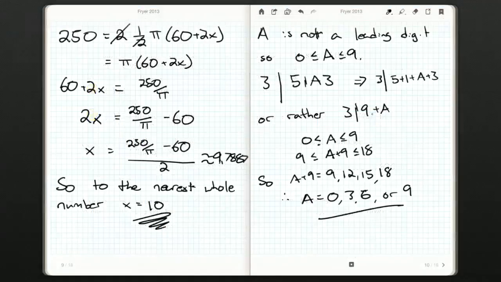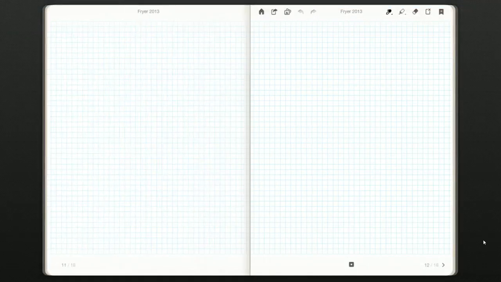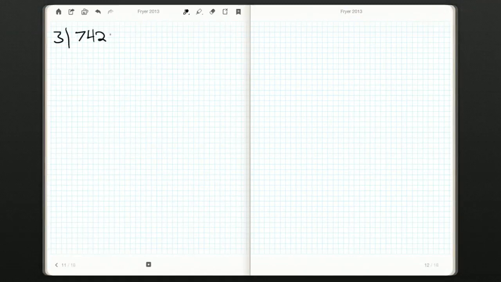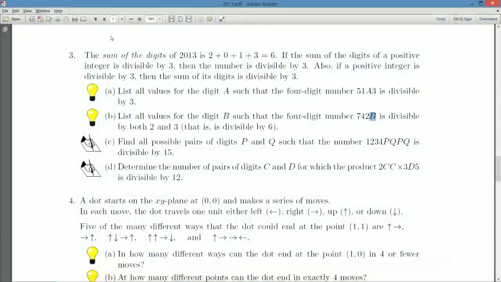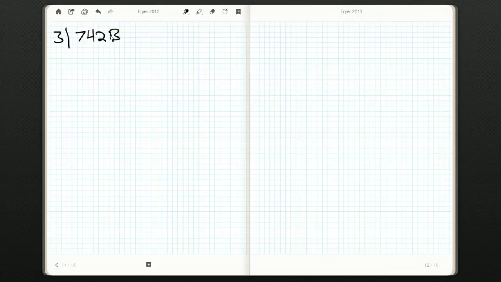So that narrows down our choices for B. So 742B, I believe, but let's just double check that. 742B. Okay. Well, that tells us that 3 divides 7 plus 4 plus 2 plus B. Well, if we group that all together, that's 11 plus 2, so 13 plus B.